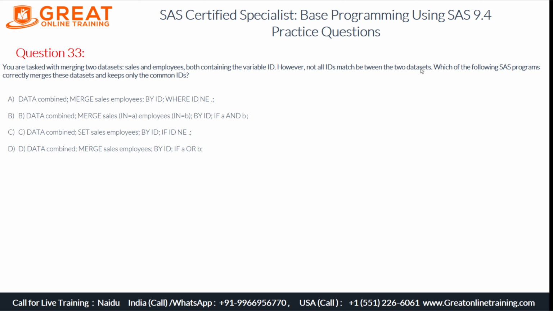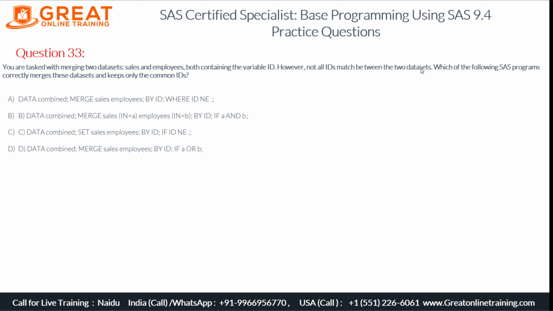Absolutely it's true, because the ID variable in the sales data set may have 4 observations, in the employee data set may have 5 observations, or the observations may be different. It is not necessary that the observations should be the same in the sales data set and the employee data set. So the ID values matched between the two data sets may be different.